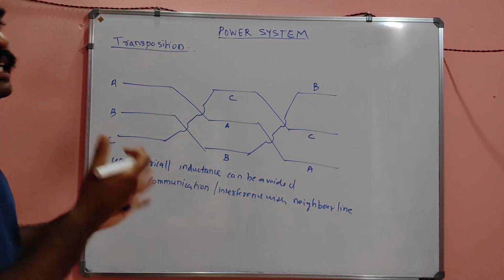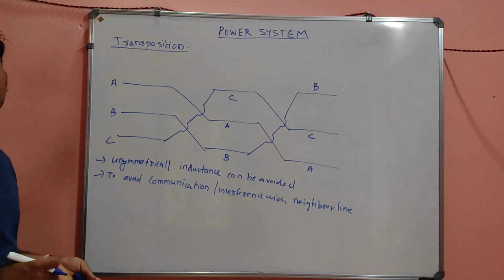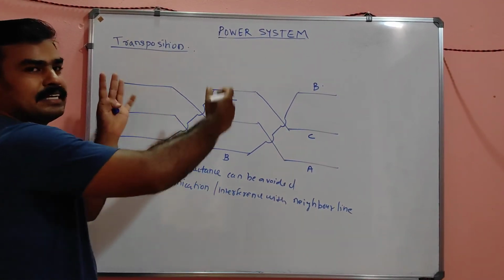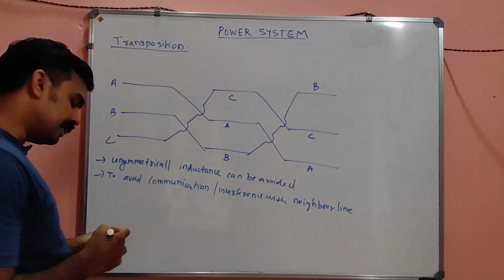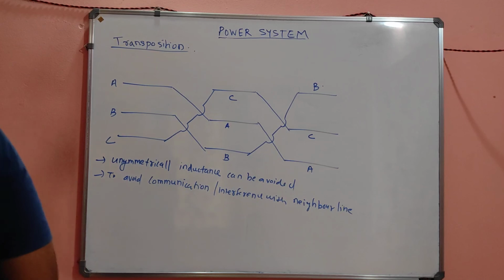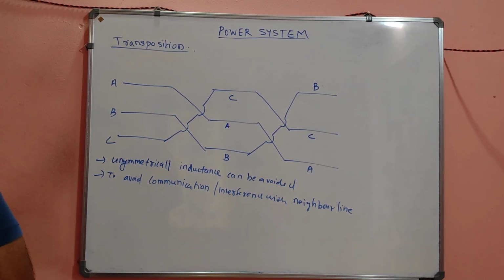There may be communication interference with another line, so that also may be compensated after each equal interval of time. That's all. That is the function of the transposition, my dear.